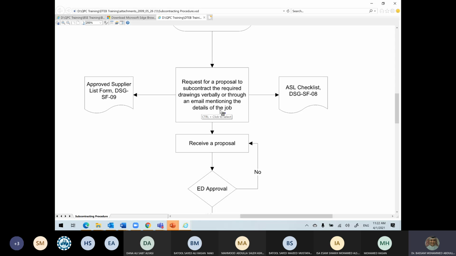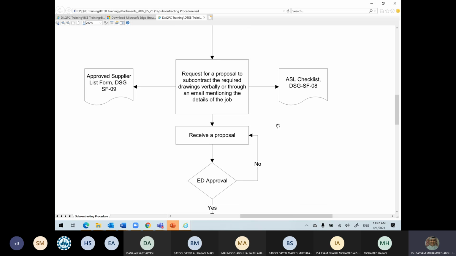Imagine that I miss some details because I don't have a checklist, and then you're going to tell the contractor, oh, sorry, I forgot to include that in my contract. Khalas. If you do not include it, that means it's going to be on your cost. So it's important to have this checklist.